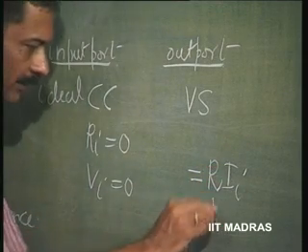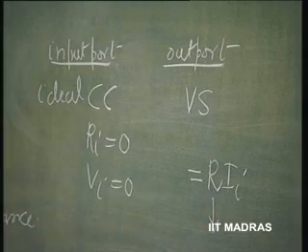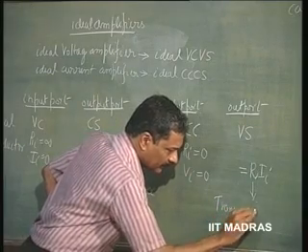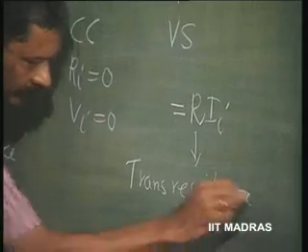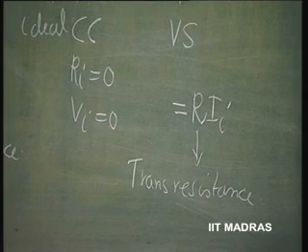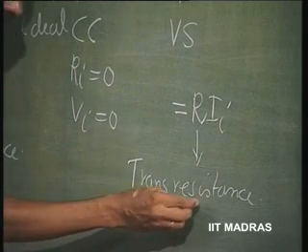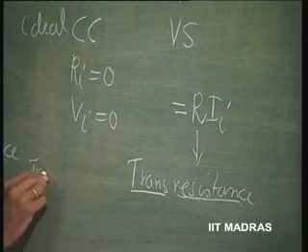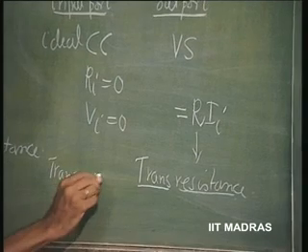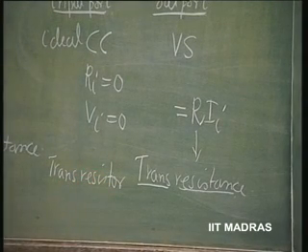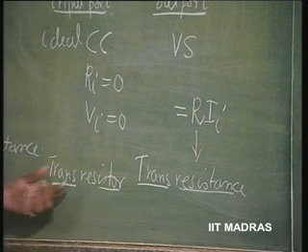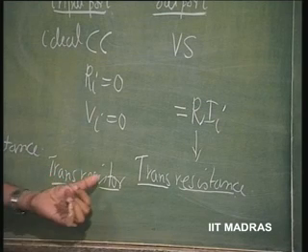So, this is therefore called, just like transconductance, transresistance. Or this whole thing is called a transresistor amplifier, as against the transconductor. Transresistor has the abbreviation transistor.